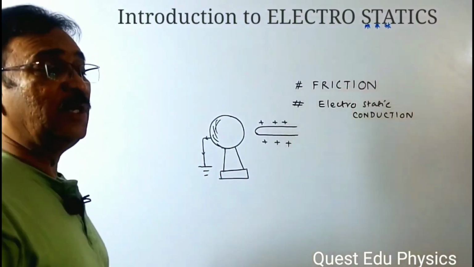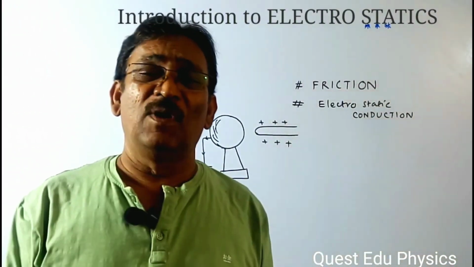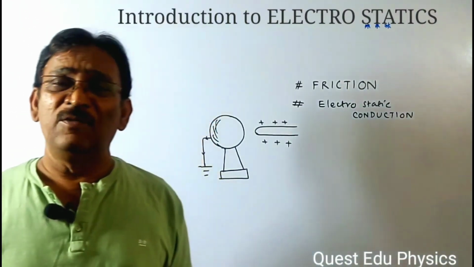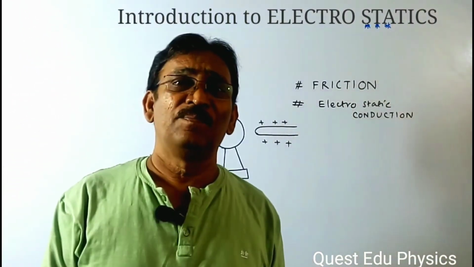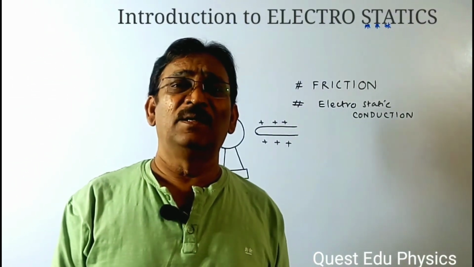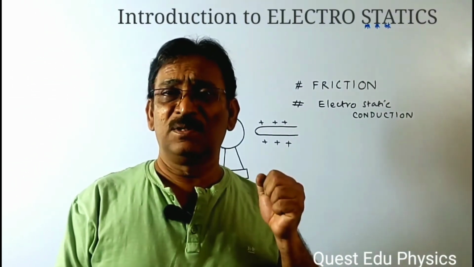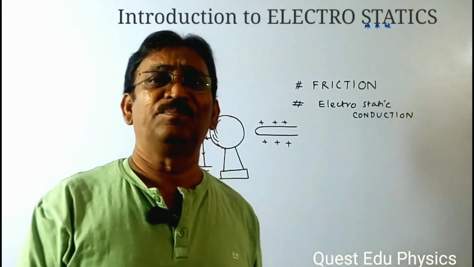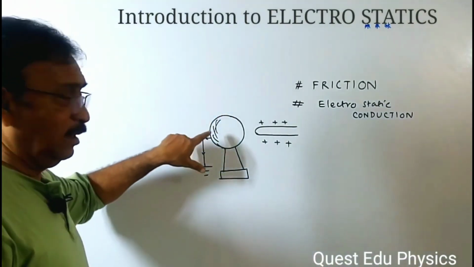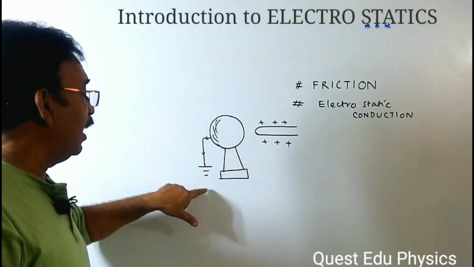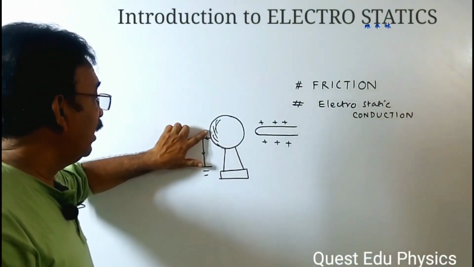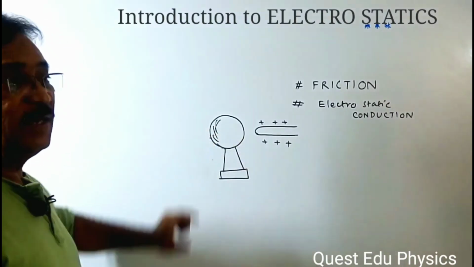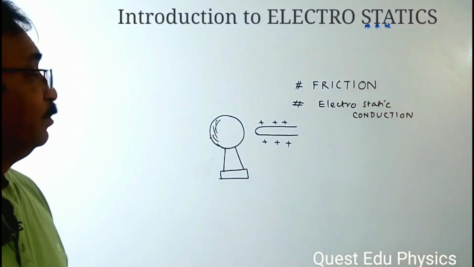Earth has a great ability, students. It can absorb or receive an infinite amount of charge when required, and it also gives an infinite amount of charge. By connecting to the earth, the sphere loses the electrons and becomes electrically neutral.